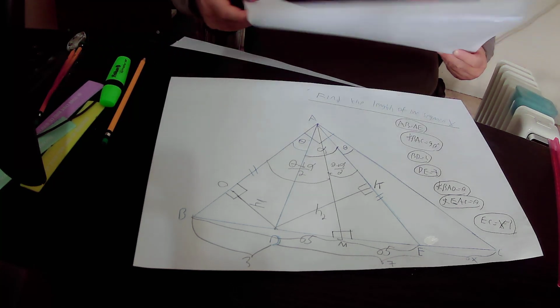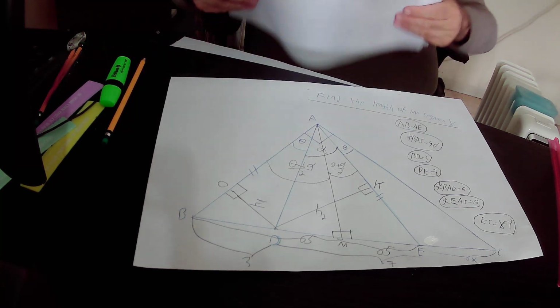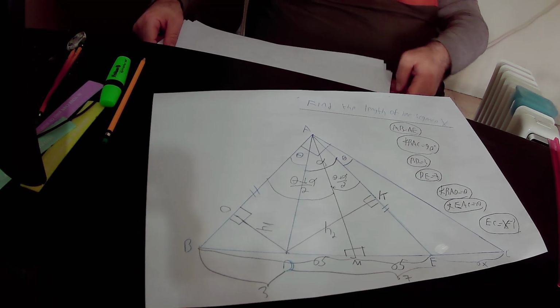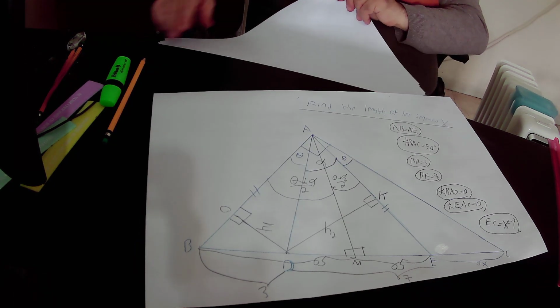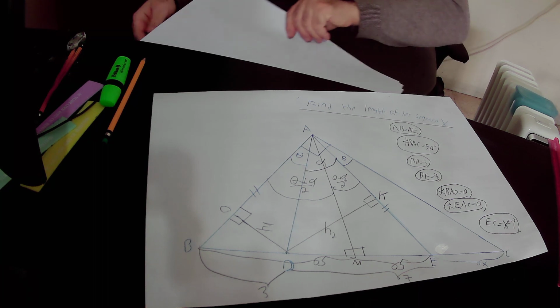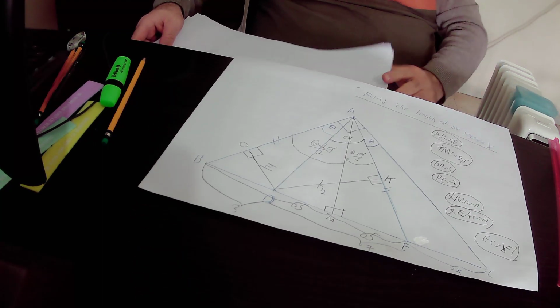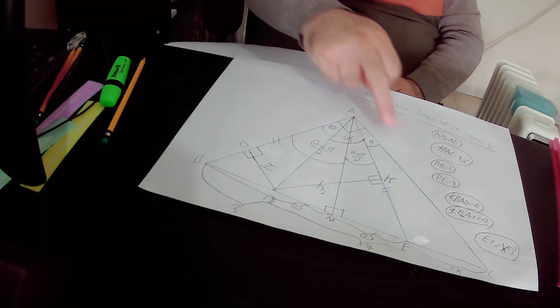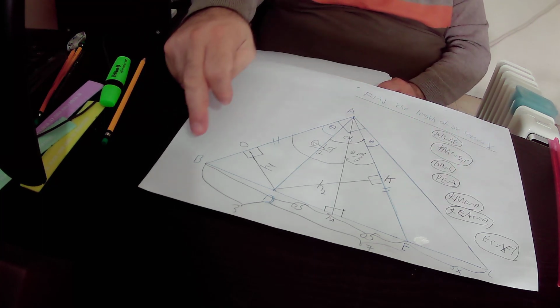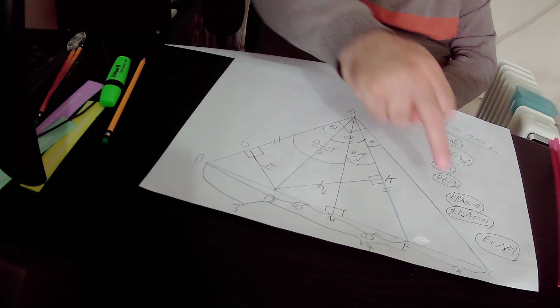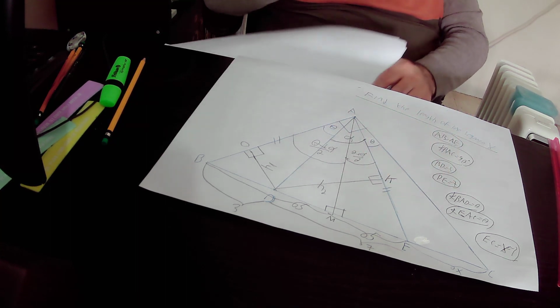Okay, so we have here the triangle ABC. We know that angle BAC equals 90 degrees, angle BAD equals theta, angle EAC is also equal to theta.